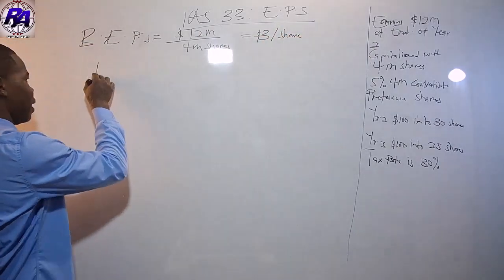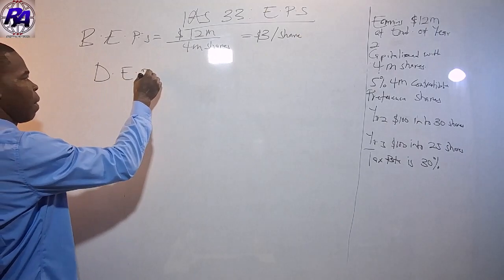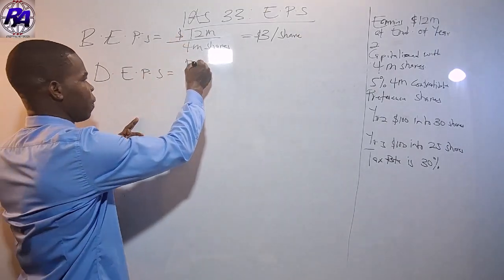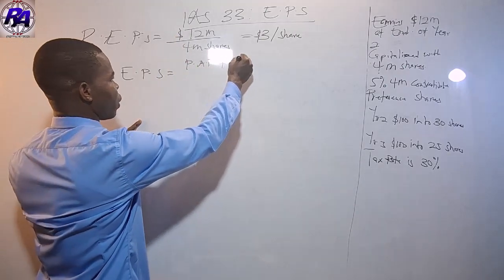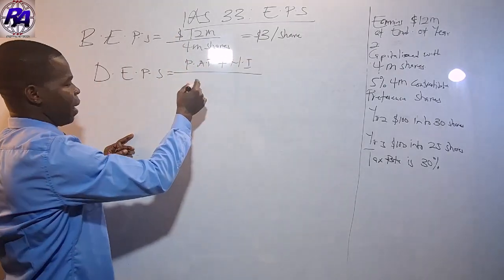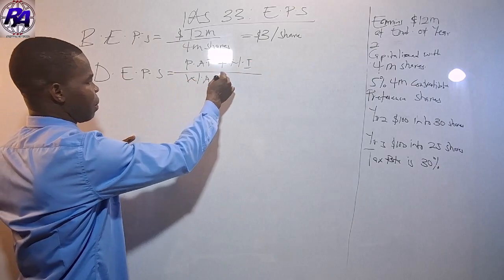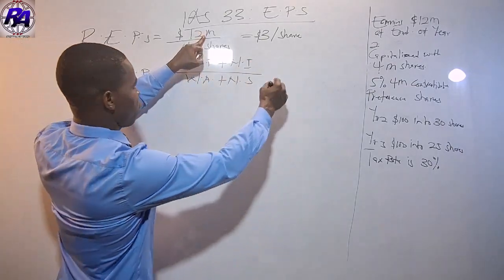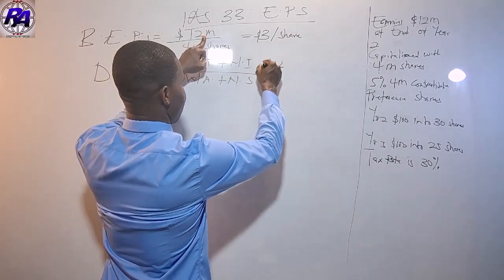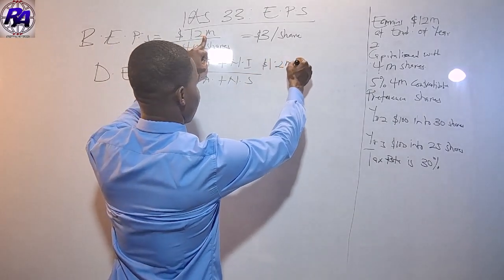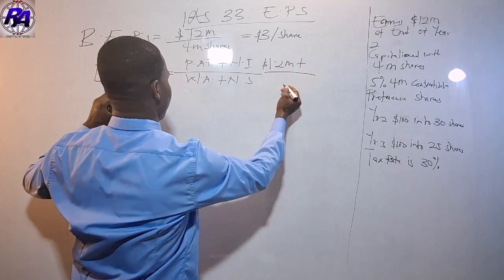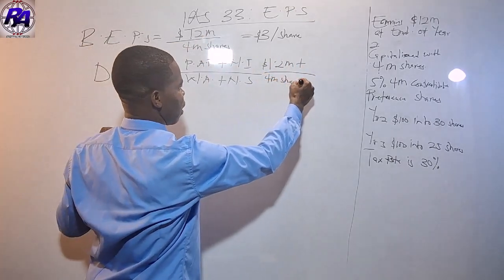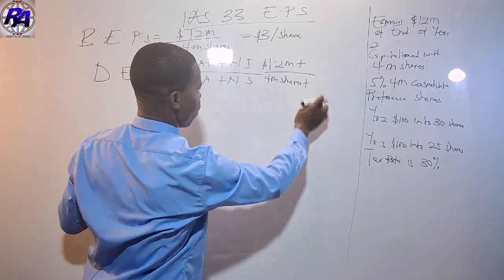Now, our diluted earnings per share is going to be the earnings, so profit after tax, plus our notional interest, all divided by our weighted average number of shares plus our notional shares. We already know our profit after tax to be 12 million, but we don't know our notional profit or our notional shares.